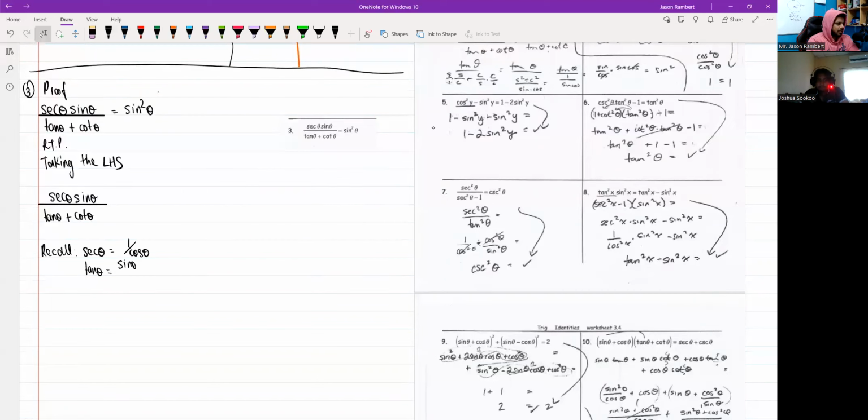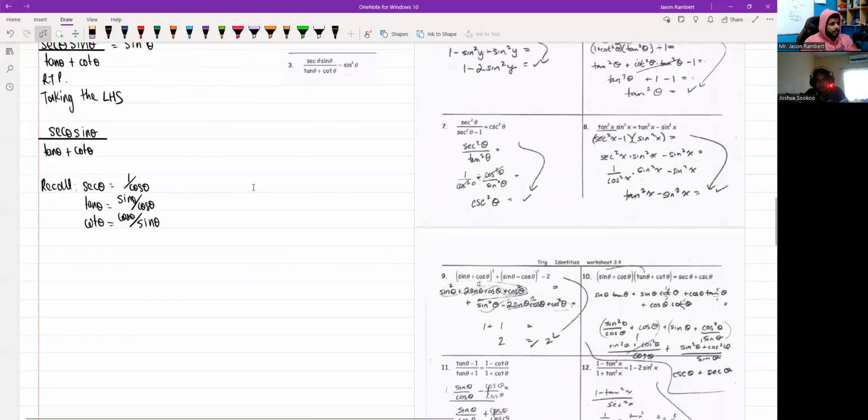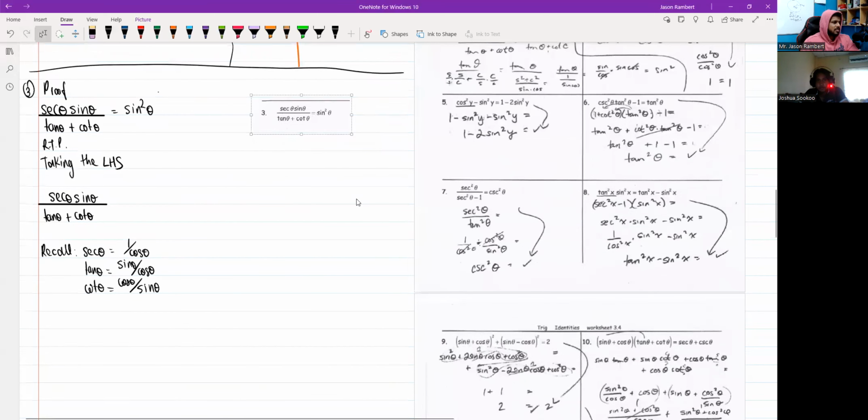It's sine theta over cosine theta, and cot theta is equal to cosine theta over sine theta. My opinion, it's easier once you have your algebraic skills on lock. It's easy to make as many substitutions as you could.